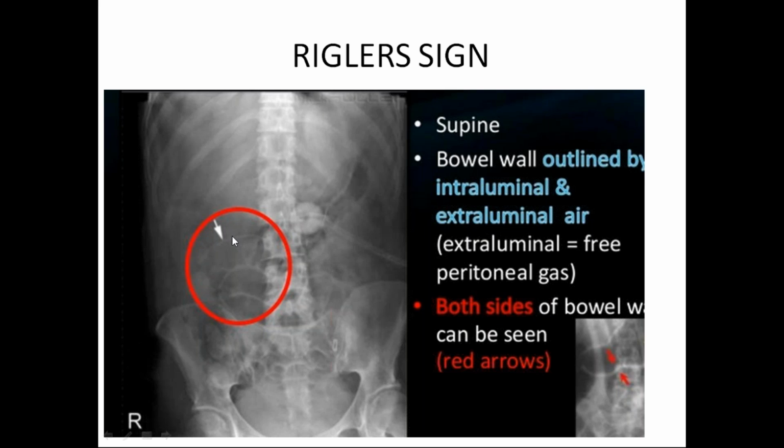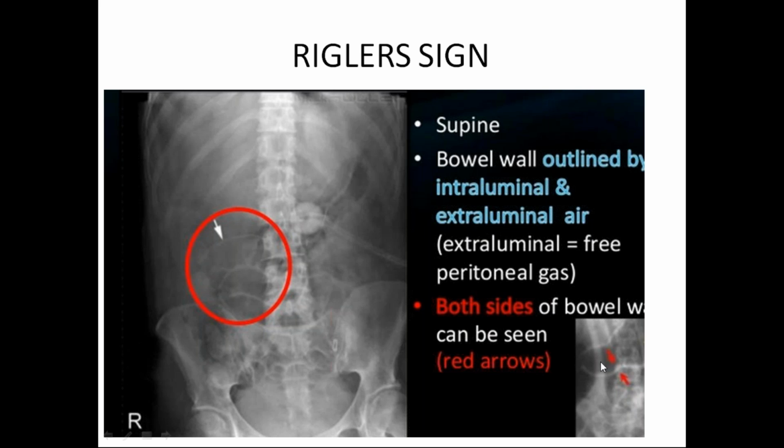Usually we can only see the inner layer of the bowel, but if we can observe both the layers, that is outer and inner, which is due to the presence of air outside the bowel, enabling us to observe both the layers of the bowel, we call this the Rigler sign.